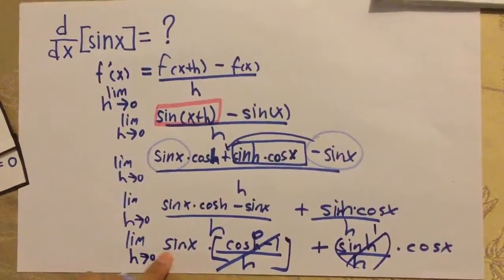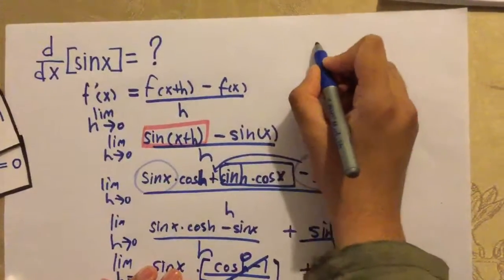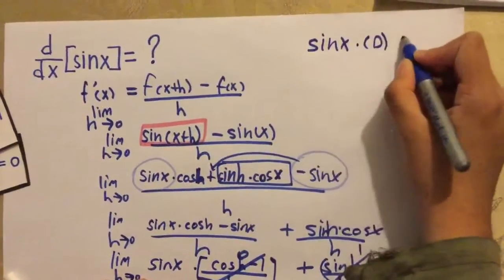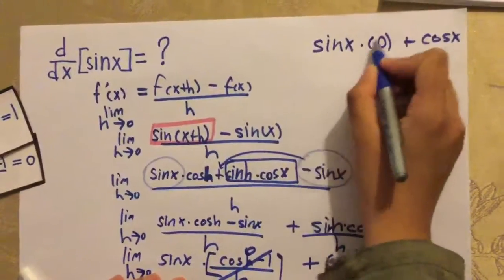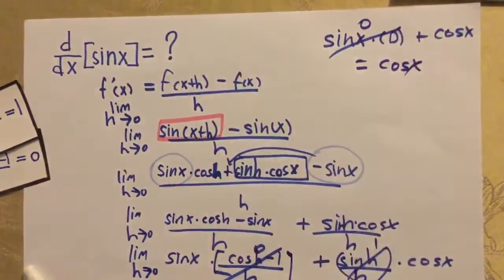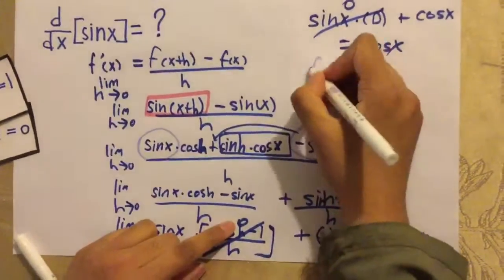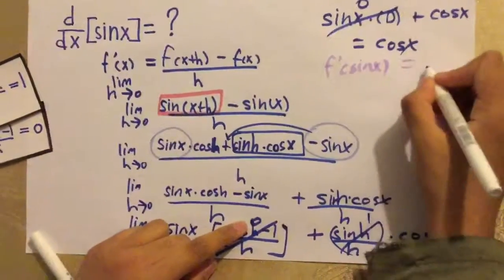So this becomes sine x times 0 plus cos x. Sine x times 0 becomes just 0, and we're left with cos x. Therefore, the derivative f prime of sine x is equal to cos x.